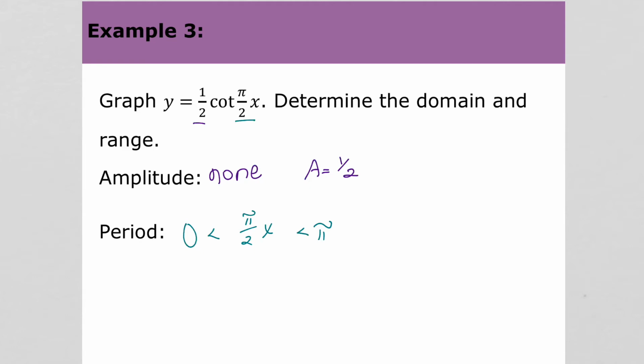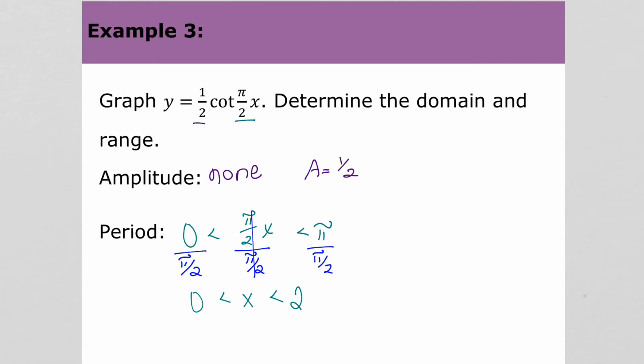To solve this, we need to divide everything by pi over 2. So we've got 0, x is between 0 and 2.